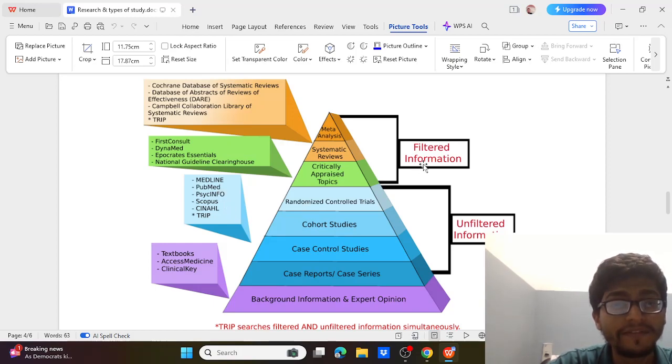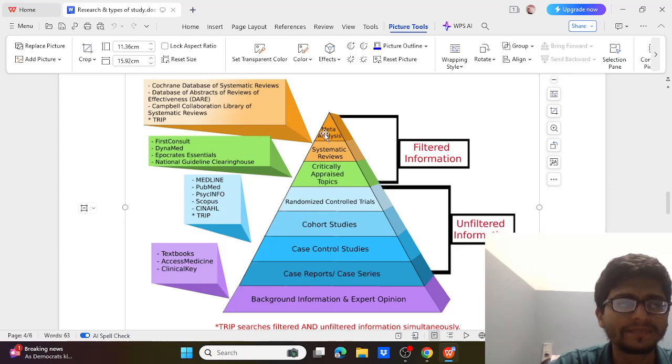Then coming to the filtered information, which will have critically appraised topics, systematic reviews, and meta-analysis. So the critically appraised topics will include data from First Consult, Dynamed, which are online platforms, and Hippocrates Essential and National Guideline Clearinghouse.